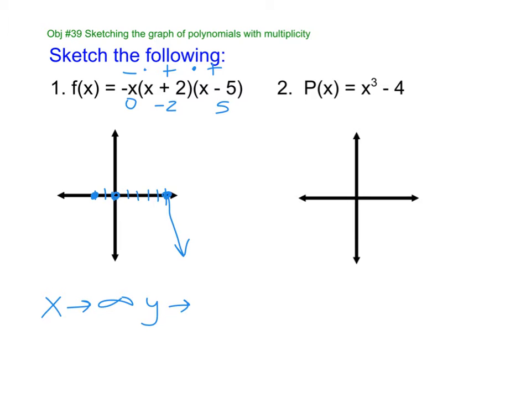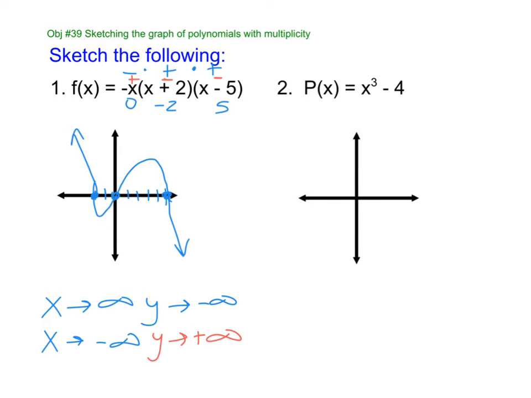If I plug in a negative number, I get a negative times a negative, which is a positive. A negative plus 2 is still going to be negative. A negative minus 5 is still going to be negative. So I've got 2 negatives, so that's positive. So positive infinity. So that means my arrow is going up. And then I'm just going to connect and make a nice smooth curve.